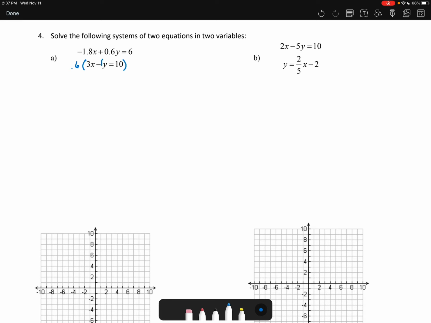Because this already has a 1. So what I'm thinking here is I just need to turn this into a negative 0.6, and then these will be opposites and cancel out. So that's what I'm going to go for here, canceling the y's. That means nothing at all happens to the first equation.